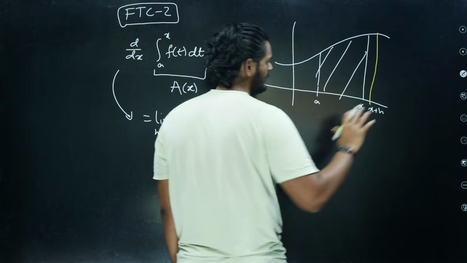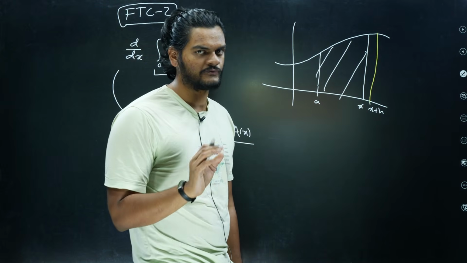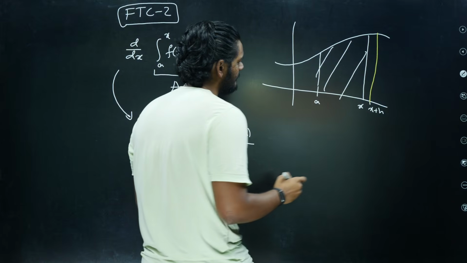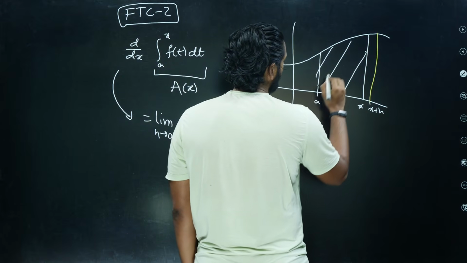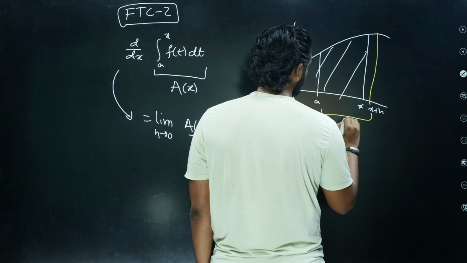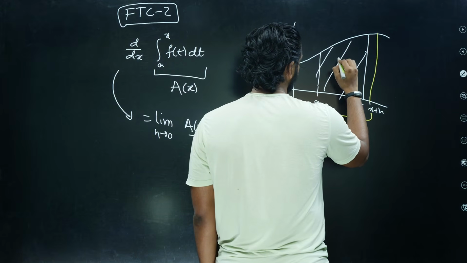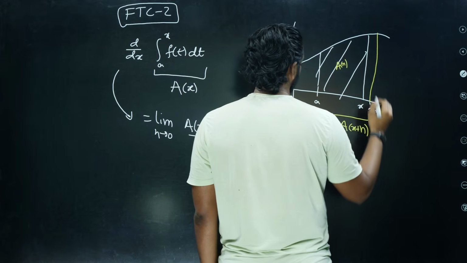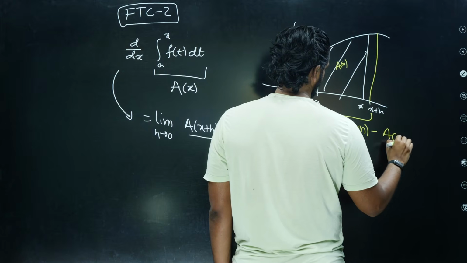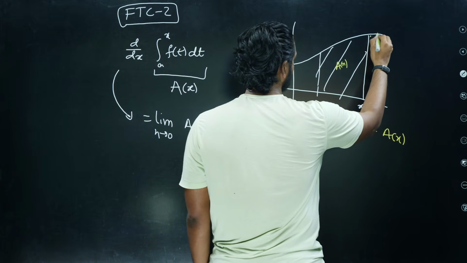I'm not saying this is a valid proof. The whole thing is A of x plus h, but this part is A of x. If you subtract this, you are left with this strip.